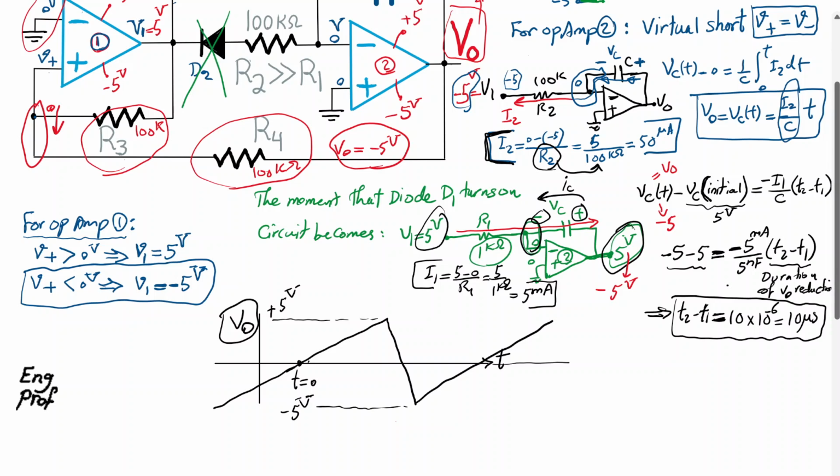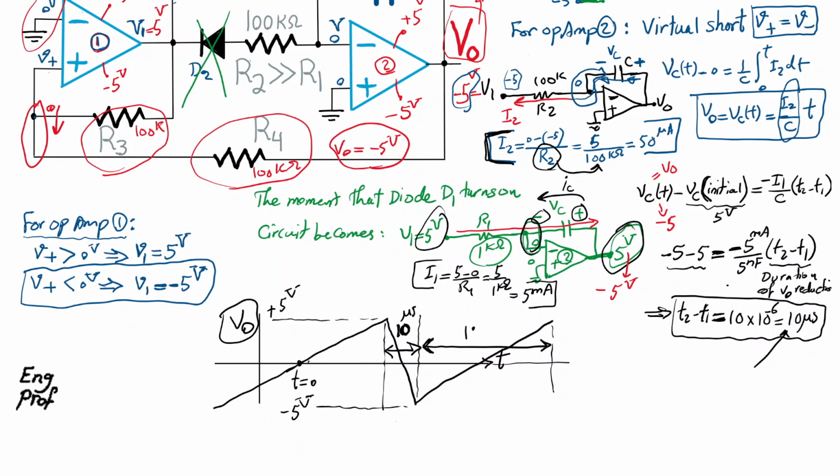And what is happening is the duration of downtime for V out, this duration, we discovered to be 10 microsecond. So this duration is 10 microsecond. And the duration of increase for V out in this practical sawtooth generator is now 100 times that, because the resistor R2 is 100 times R1, and hence it takes 100 times longer to do the same thing that we did with R1.